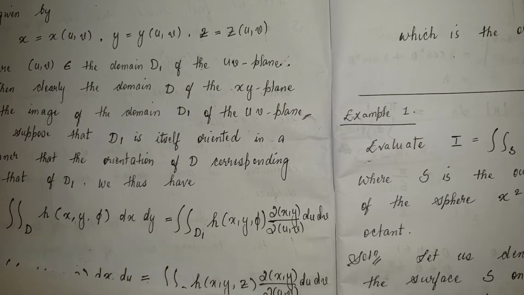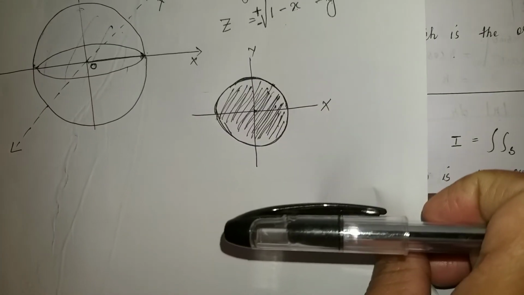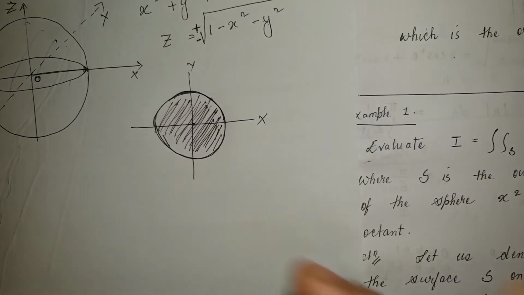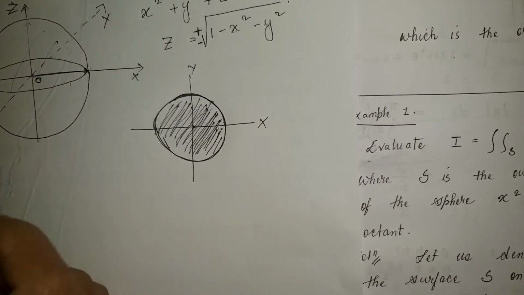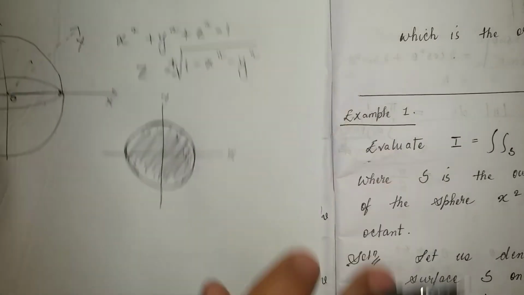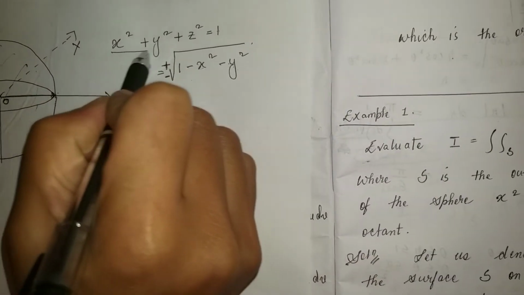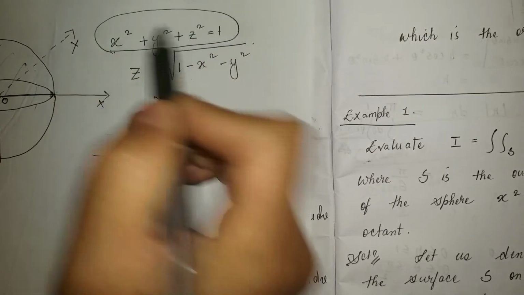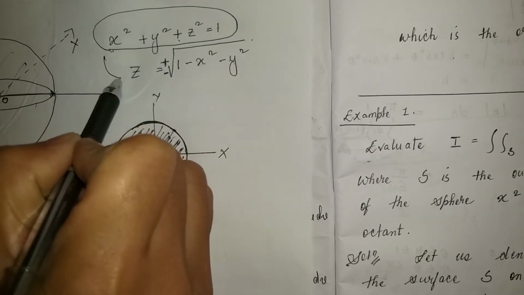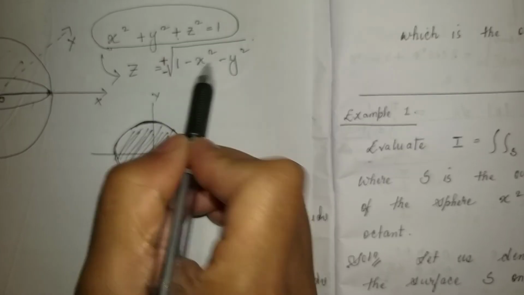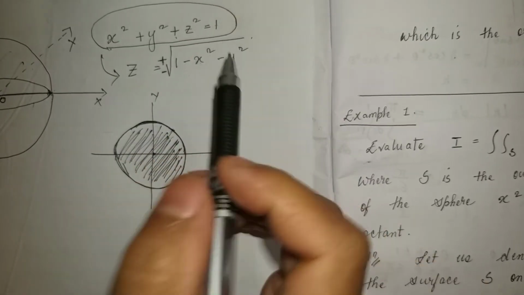Why are we coming from the first, from this unit sphere, we express z in terms of x and y to make it simpler.